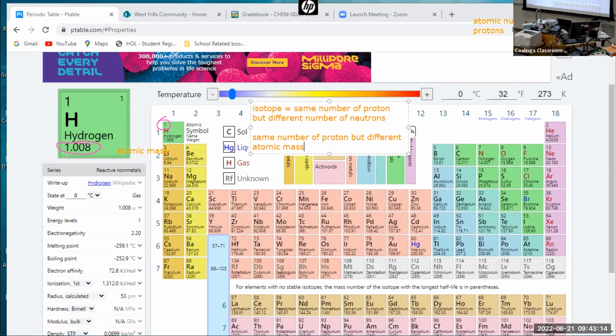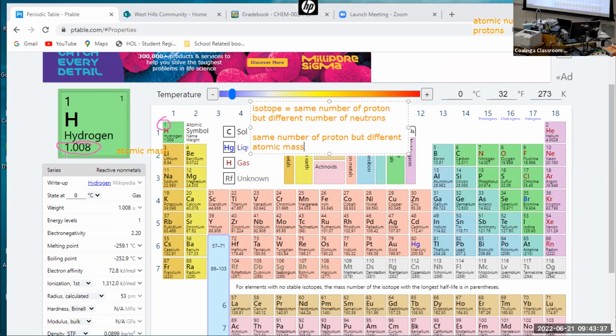Okay, does that make sense? We'll get into more detail, don't worry about it. So the point is that what we see on the periodic table, the reason why they don't give us a whole number, is because they're taking into consideration all the families that are lithium.